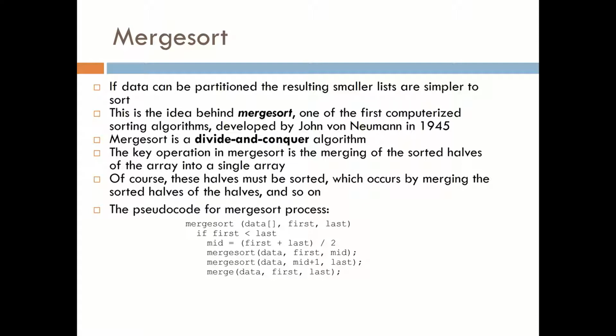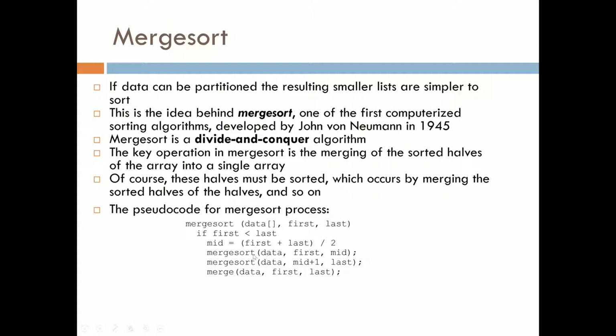You see the pseudocode there. Again, it is just a compact piece of code. It is a recursive function. So you notice that merge sort, this is the function header, and as long as the indices are some space apart, first being less than last, we calculate a midpoint.